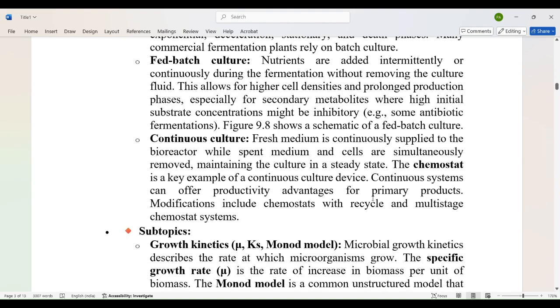Now the continuous culture. This is a simultaneous process. What do I mean by simultaneous process? At the initial phase, a reactor is filled with nutritional values, media components and the inoculum, everything. It is allowed to start the process, and mostly it gets started in a particular growth phase only.